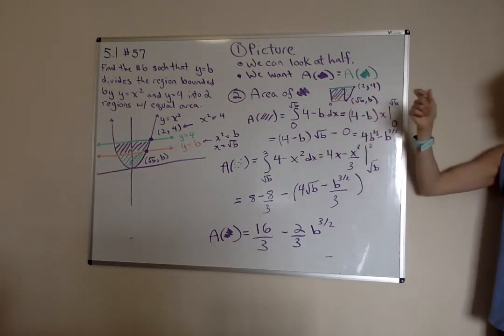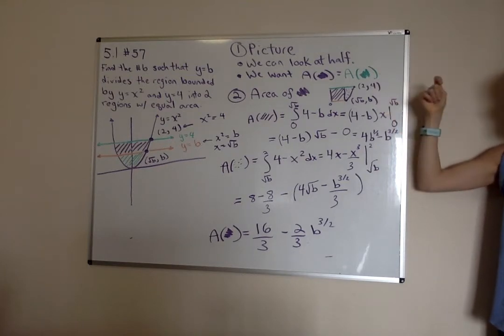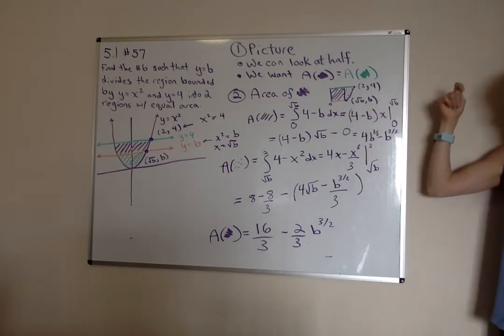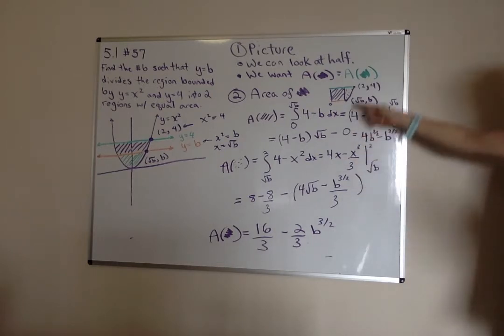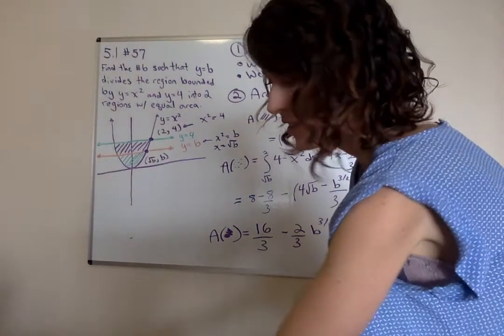Now I want to find the area of the green, and then we're going to set those two things equal to each other. So let's continue. I'm going to write this result up here and erase all of this work, but the good news is that you can pause and reflect back on it later.